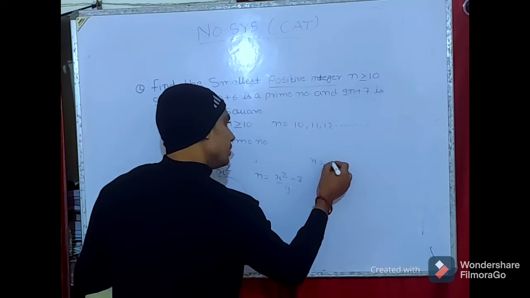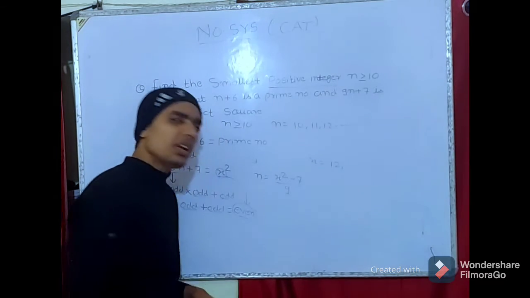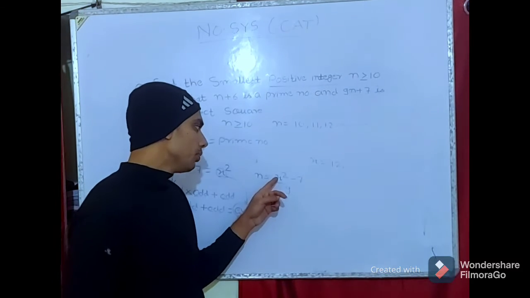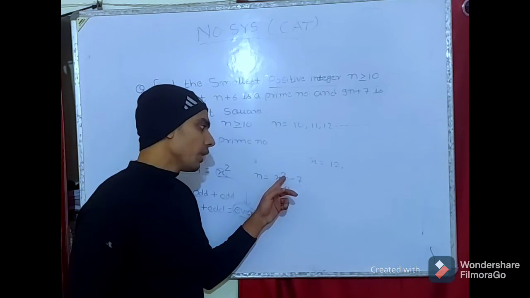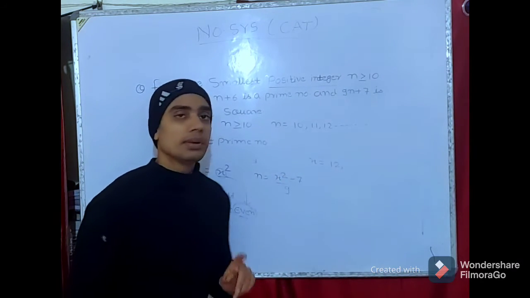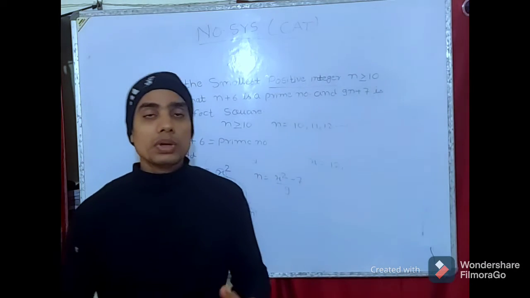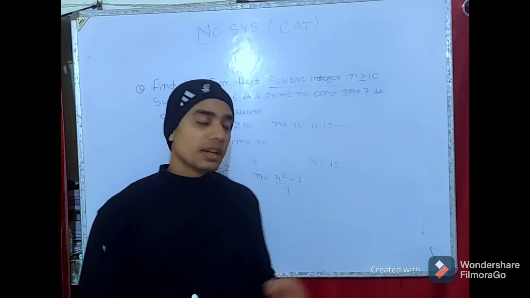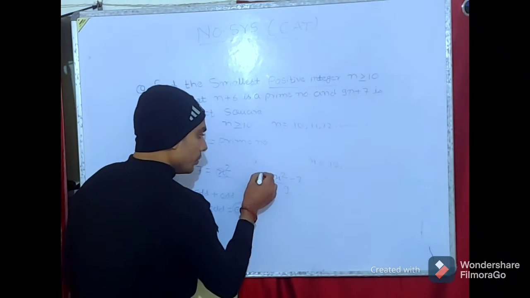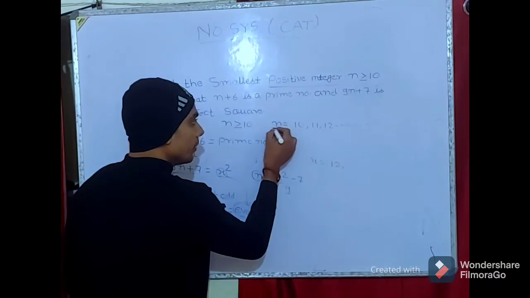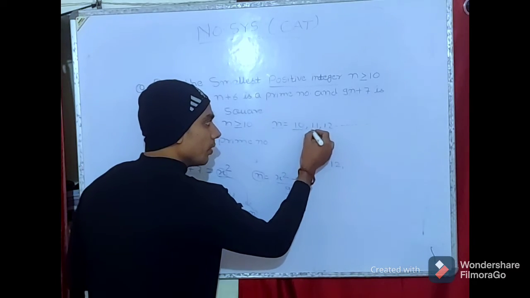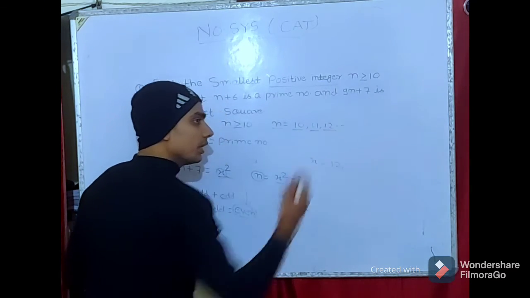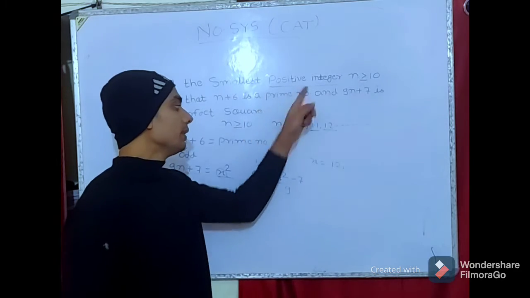So x starts with 12. How to start with 12? Because if we put 10, 10 squared is 100, minus 7, divided by 9, it is in decimal form. Also x less than 10 is not possible, because the value of n must be 10 or 11 or 12 or 13, a positive integer.